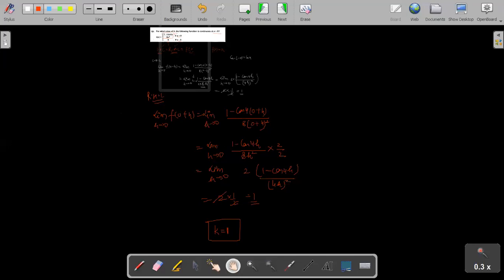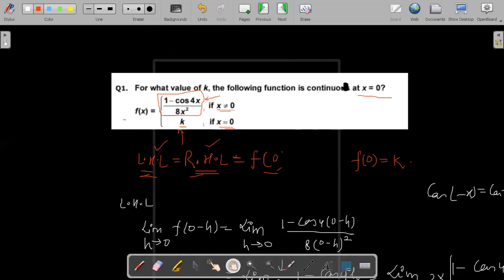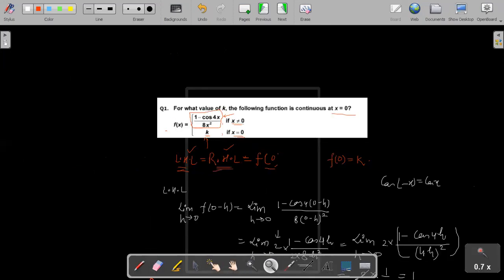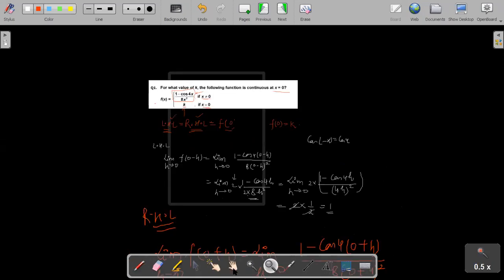If they give you a question like this, in which they have already told us that the function is continuous, and for f of 0 you are getting some constant, then for the rest, that means the LHL and RHL part, you have to solve either for LHL or for RHL, only once.